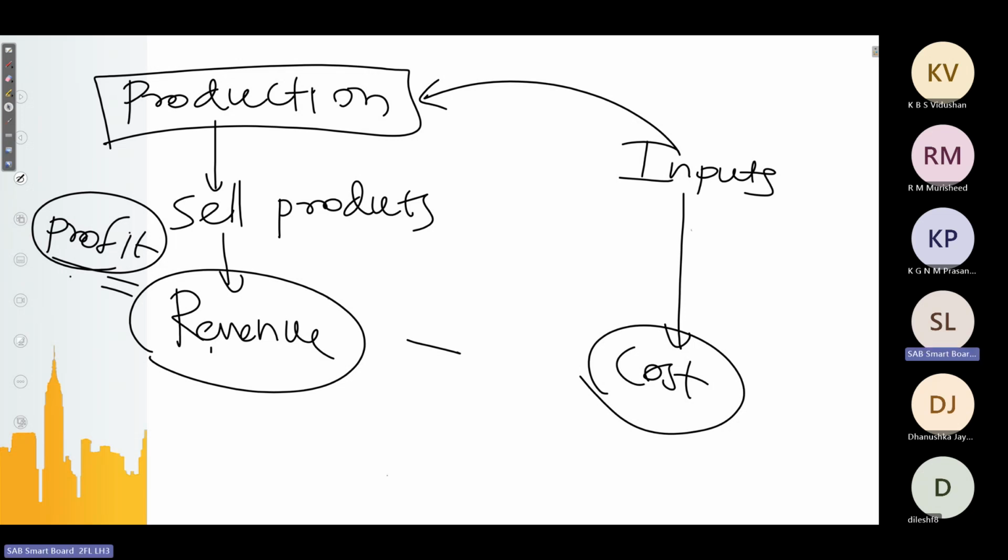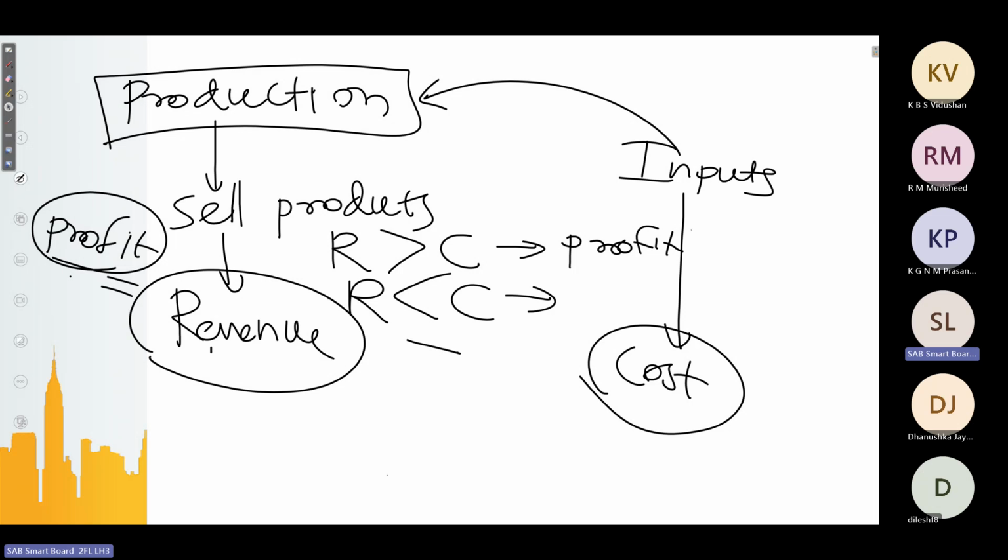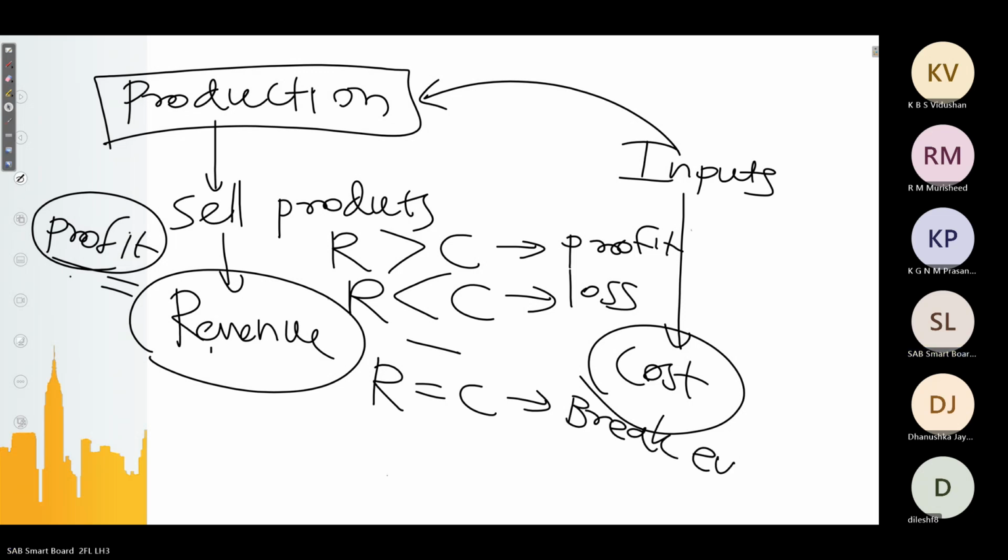When revenue is higher than the cost, there will be a profit. When revenue is less than the cost, there will be a loss. When revenue and cost are equal, the firm will be facing a break even.